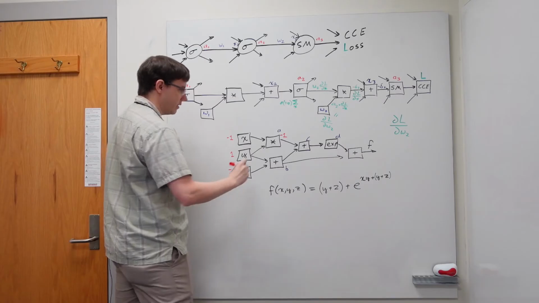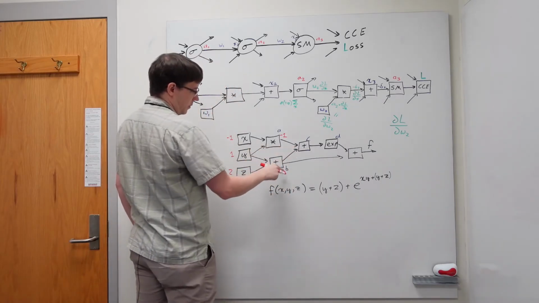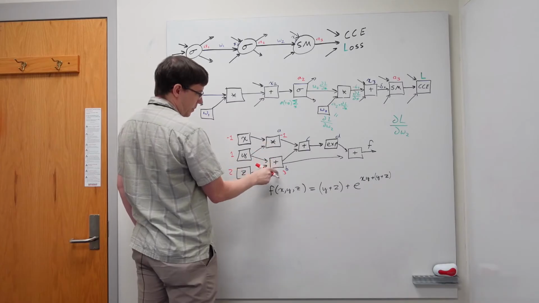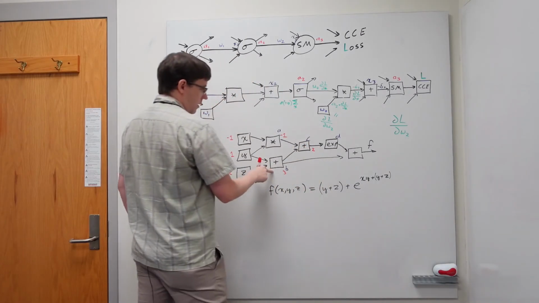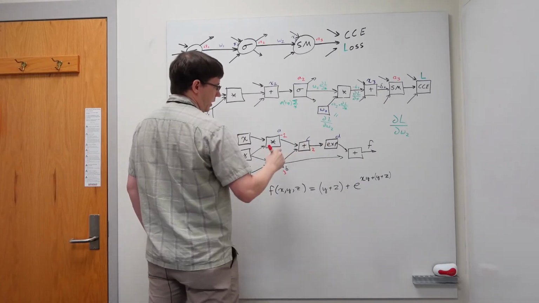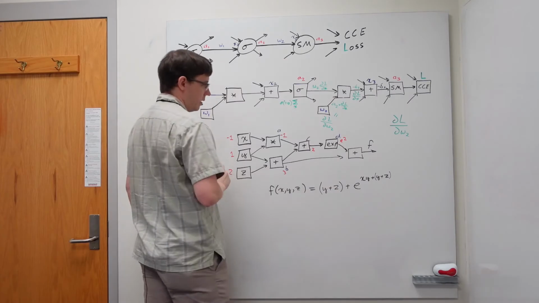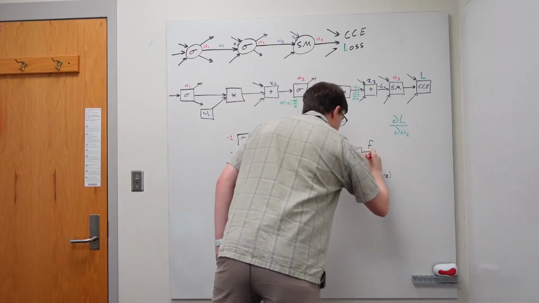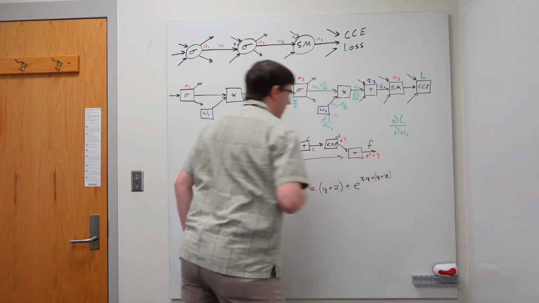Y plus z gives us 3. The sum of a and b gives us 2. The exponent here gives us e squared. And then this sum gives us e squared plus 3.